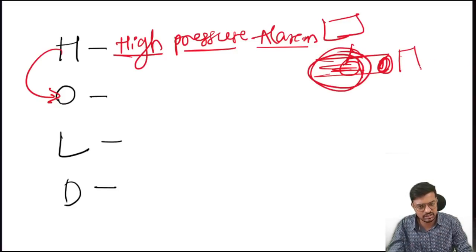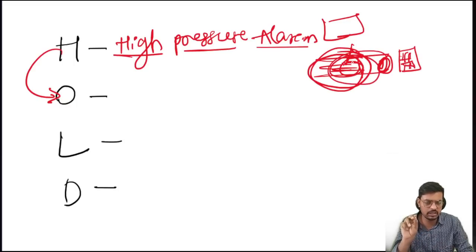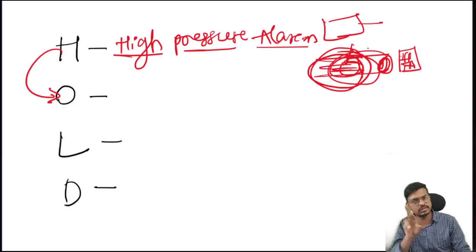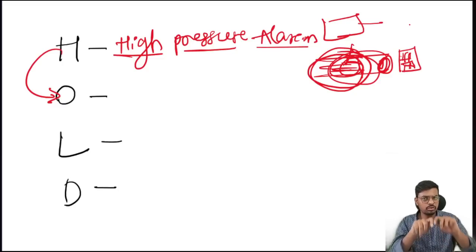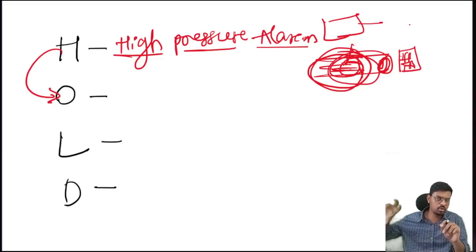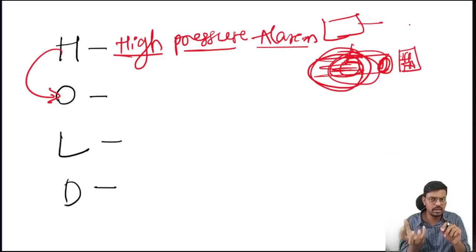If the patient bites the tube between the teeth, the pressure builds in the ventilator circuit and the high pressure alarm will come. And if the patient is sleeping on the tube, the tube will kink here, so the pressure inside the tube increases and the high pressure alarm will come.